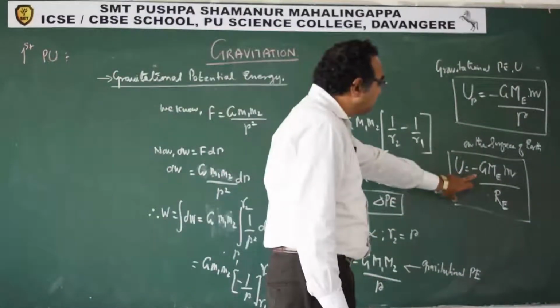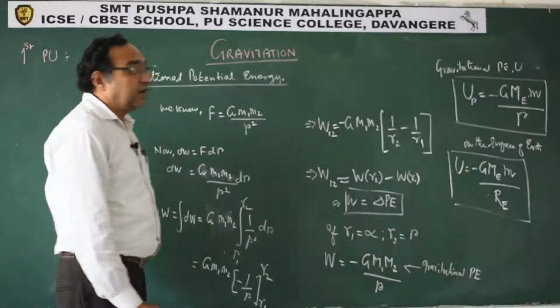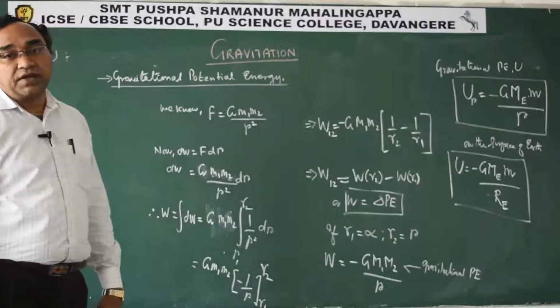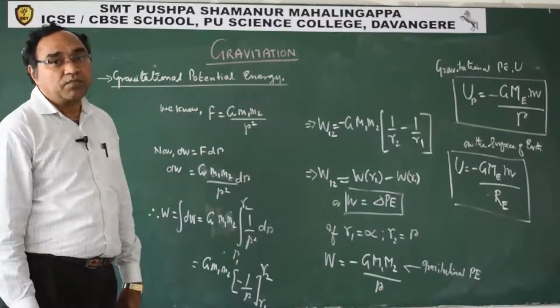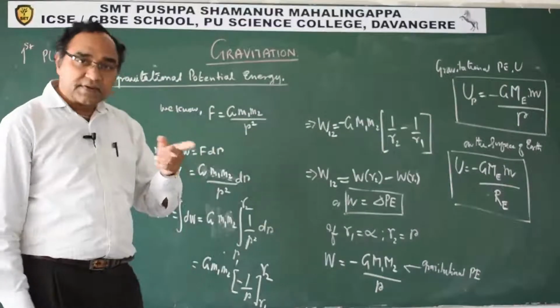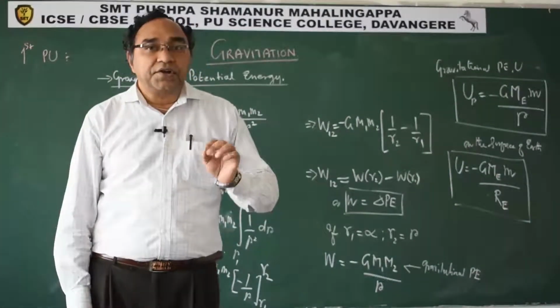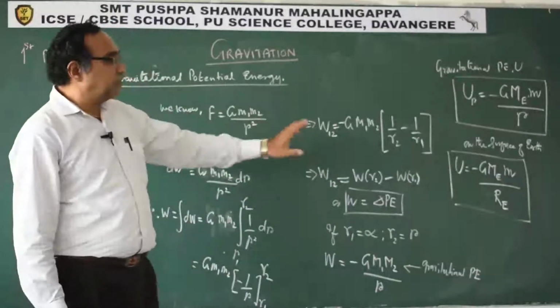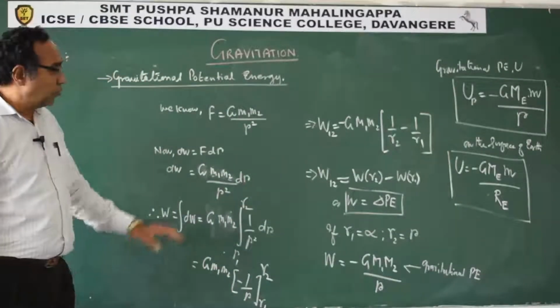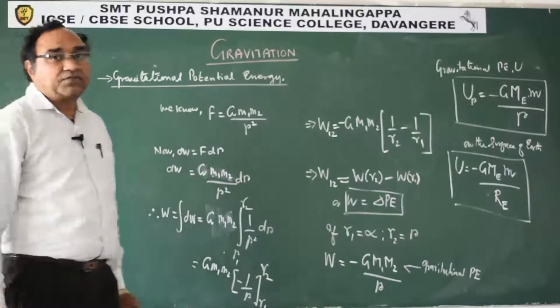The first is in terms of the universal gravitational constant, and if you write it in terms of acceleration due to gravity, you will take it as mgh. So both of them are interconvertible, they are the same thing, but which terms are included in the expression is what is changing. So finally, to summarize, what is gravitational potential energy?